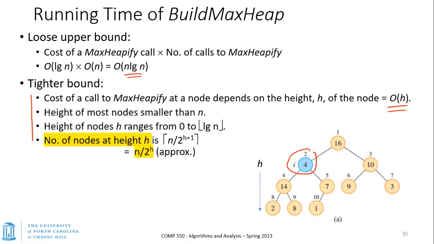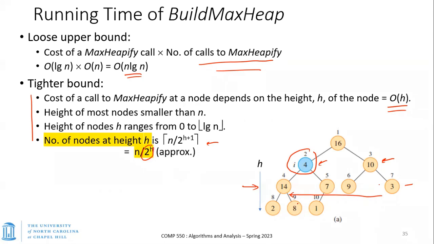At a particular height, how many operations do you have to do? You have to heapify over here, then you've got to heapify over here. If it was a larger tree, you would have to heapify a number of times, and that corresponds to the number of times that you're calling it. So can you give an expression? You can see that it's going to be inversely proportional to the height, based on the power of 2.